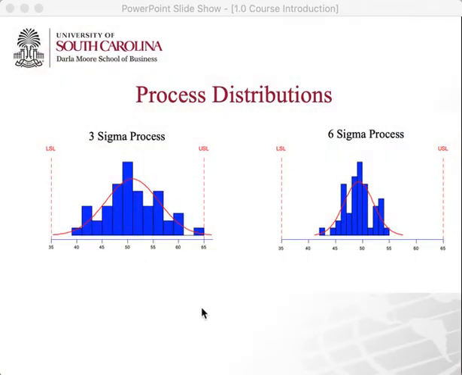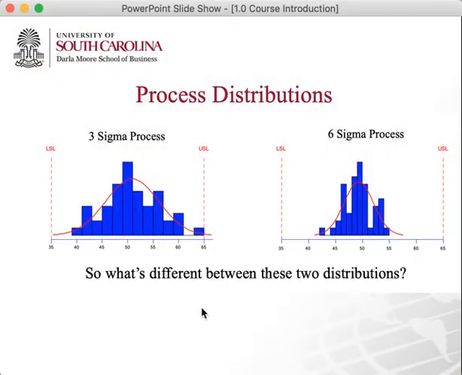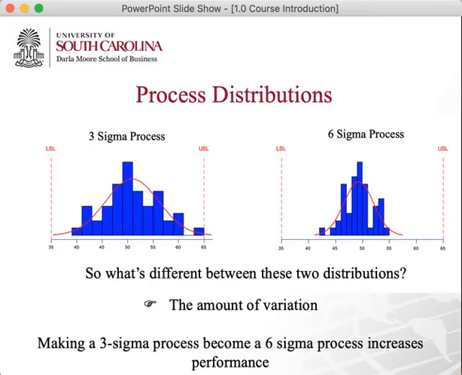If my variation is very, very small, I'll have very few observations that go outside the limits, right? And that means that I'm going to have a very low level of defects, and very little variation, very low level of defects will reduce the cost and all the problems that will occur in my process. So that is a very basic way to understand what Six Sigma means.